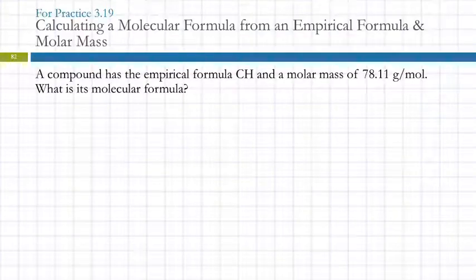So here's an example. The compound has an empirical formula CH and a molar mass of 78.11 grams per mole. What is the molecular formula?